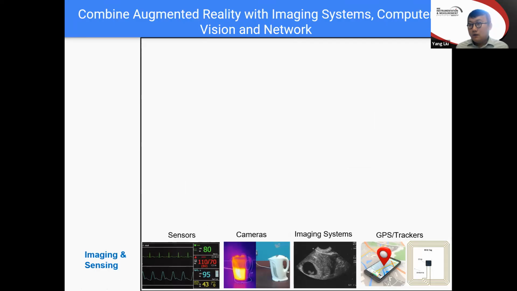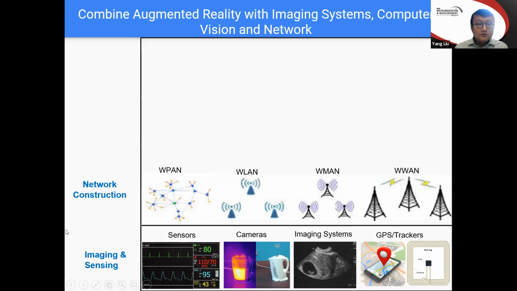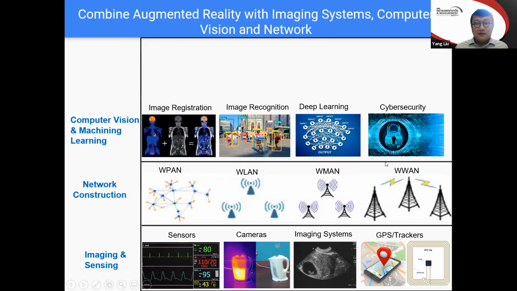So far we have talked about how to build an AR system on a high level. But individualized AR systems have limited impact. With the help of the network and computer vision, we can really expand the impact of it. Imagine you have sensors, cameras, and imaging systems, you could construct a network, whether it's WPAN, WLAN, or WMAN, to connect them together.